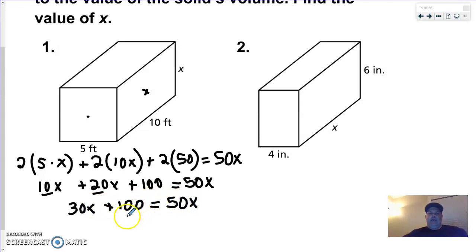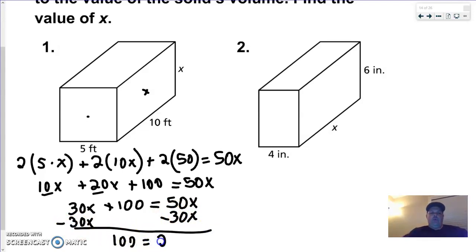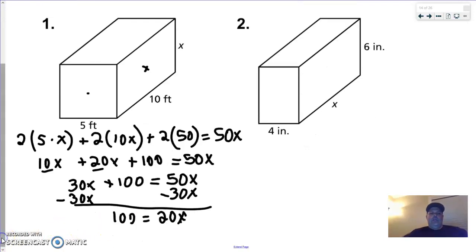I currently have all of the numbers on the left side, so I am going to get rid of and get the 30x to the other side. So this will give me 100 equals 20x. In order to solve for that, we know that we are going to divide by 20, and our answer will be x equals 5.